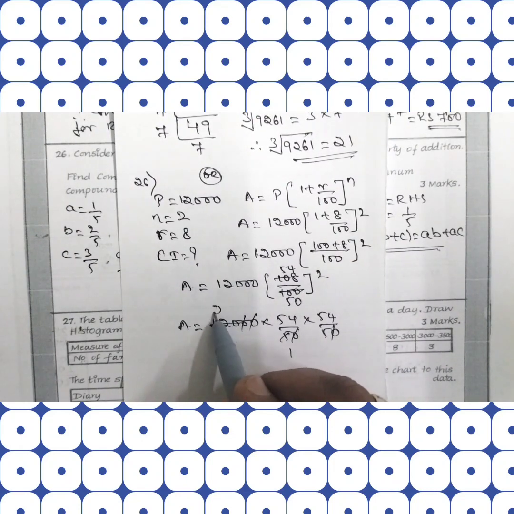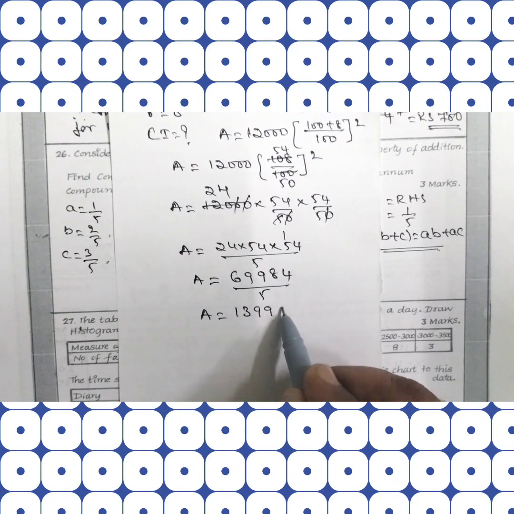So total amount is equal to 12,000 into 54 by 50 into 54 by 50. So 2 zeros will get cancelled. 5 1s are 5, 5 2s are 10, 5 4s are 20. So now total amount is equal to 24 into 54 into 54 divided by 5.